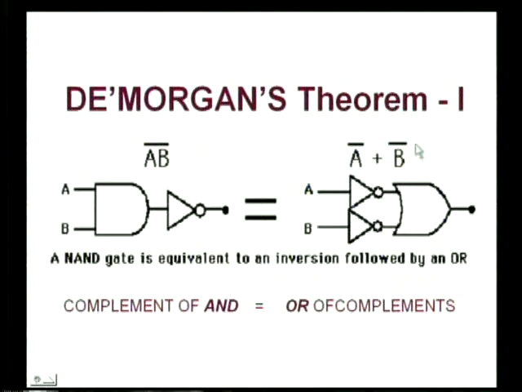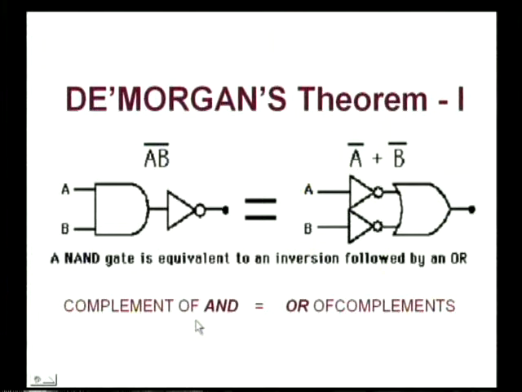So, there we get a double complement that gets cancelled. On the whole, we get A ANDed with B whole bar equal to A bar ORed with B bar. This is De Morgan's first theorem. Overall, a NAND gate is equivalent to an OR gate whose inputs are inverted.